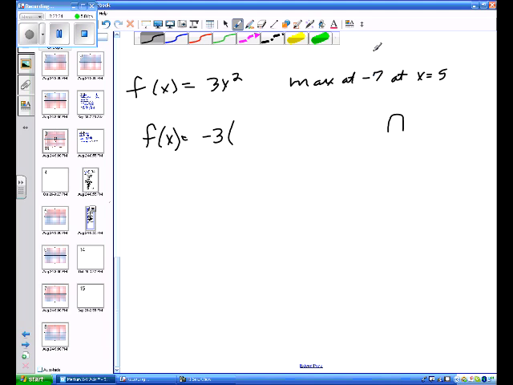That's our y value, so that's our k, and our x value is our h. Now, this will still have the same shape. It's just going to open in the opposite direction because we wanted it to be a maximum at -7.